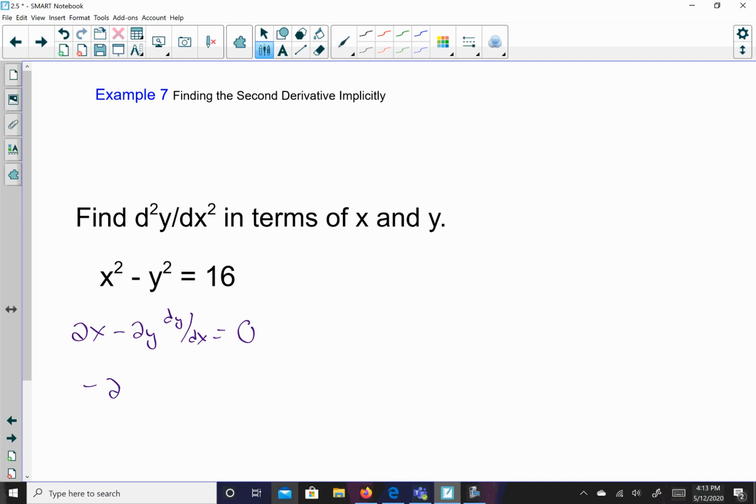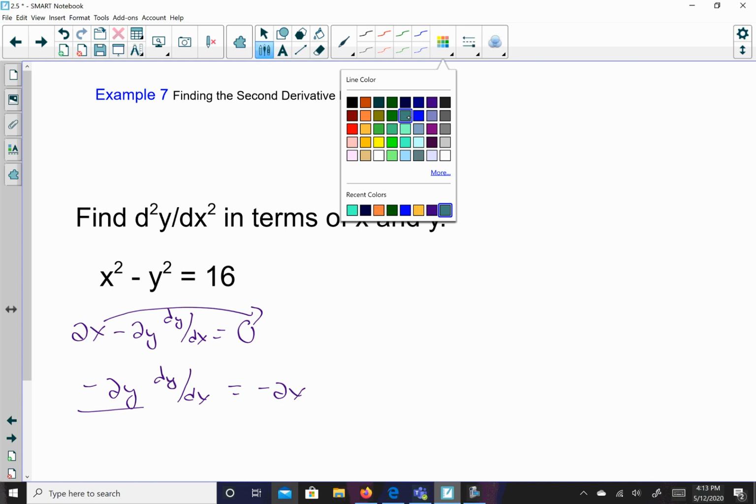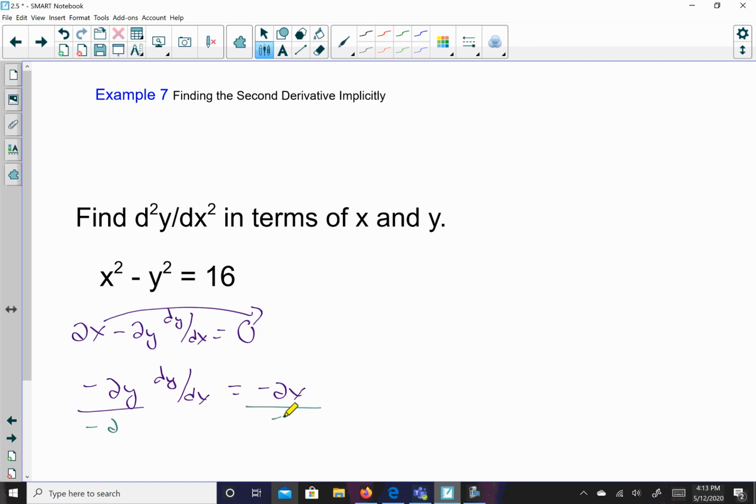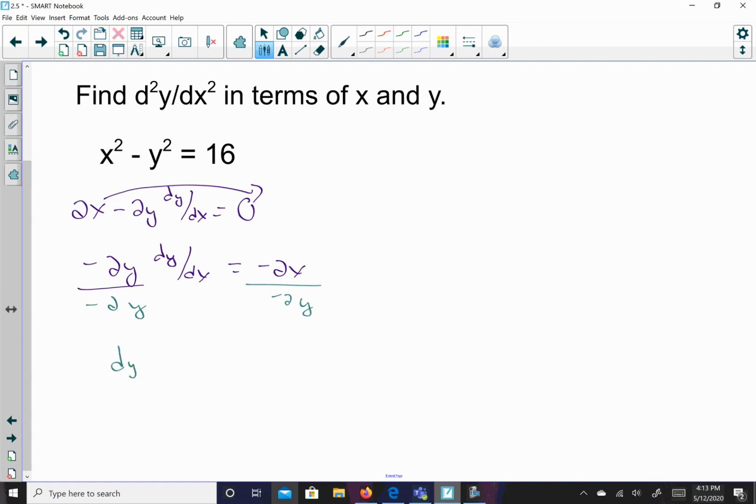So I'm going to have negative 2y dy dx is equal to a negative 2x, because I brought this over to the other side. Divide both sides by negative 2y, actually. And when I do that, my first derivative is going to be x over y.